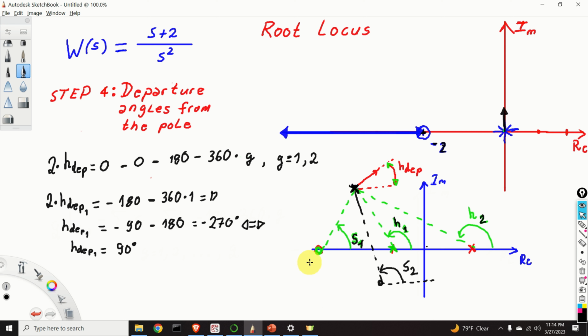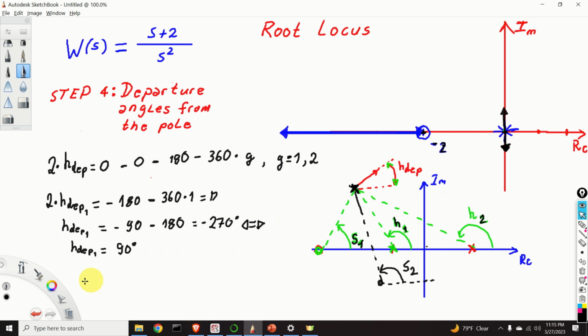How about the second departure angle? Do we need to compute the second departure angle? Well, the answer is we don't need to compute it. Why is that? This is because our root locus is symmetric with respect to the real axis. So we expect that another departure angle will be minus 90 degrees, that is, another branch will go in this direction. However, let's verify that.